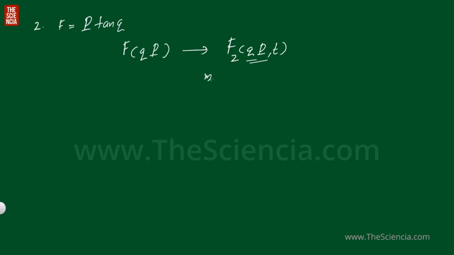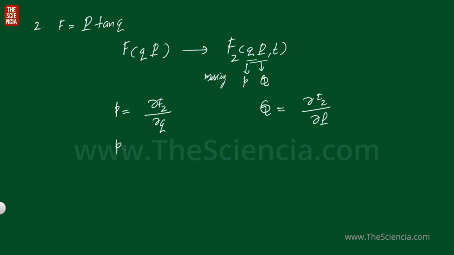And what will be the canonical transformation? Here we have to find out the missing coordinates. So the missing coordinates are small p and capital Q. So the canonical transformation equations will be: the missing small p equal to ∂F2/∂q, and the other missing coordinate, capital Q, equal to ∂F2/∂P.